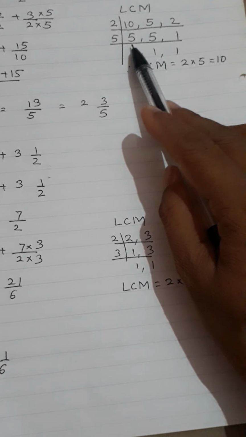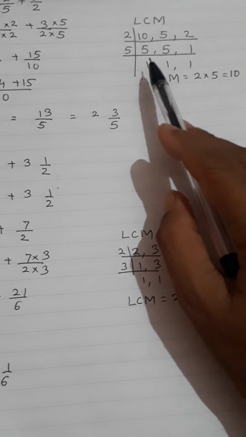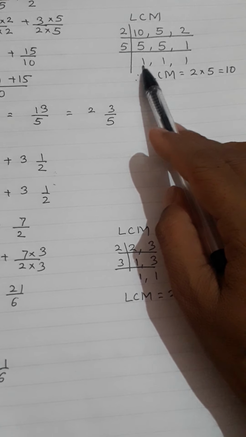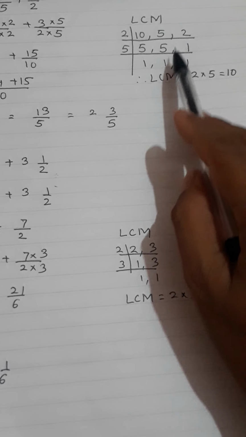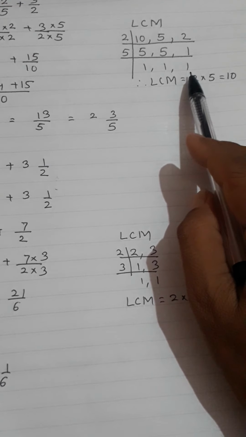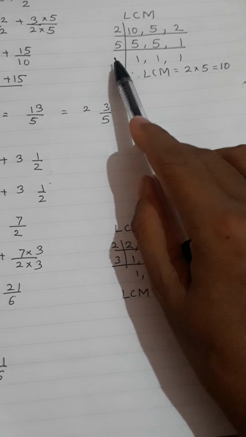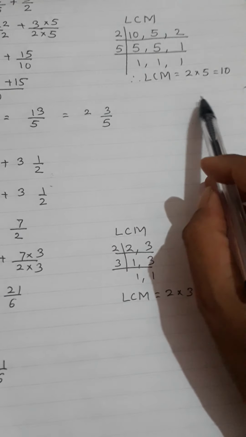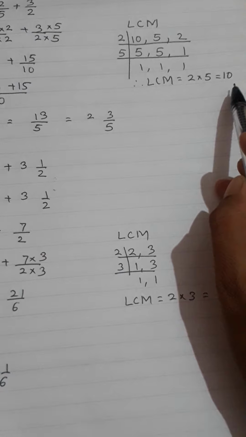So 5 is divisible by 5, so here I wrote 5. 5 divided by 5, 1 is the quotient. Here again 1 is the quotient, and 1. We have to keep on doing this till you get 1 in the last row. So what we got as the LCM: this 2 and this 5 will be multiplied. So 2 into 5 is 10. Now our LCM is 10.